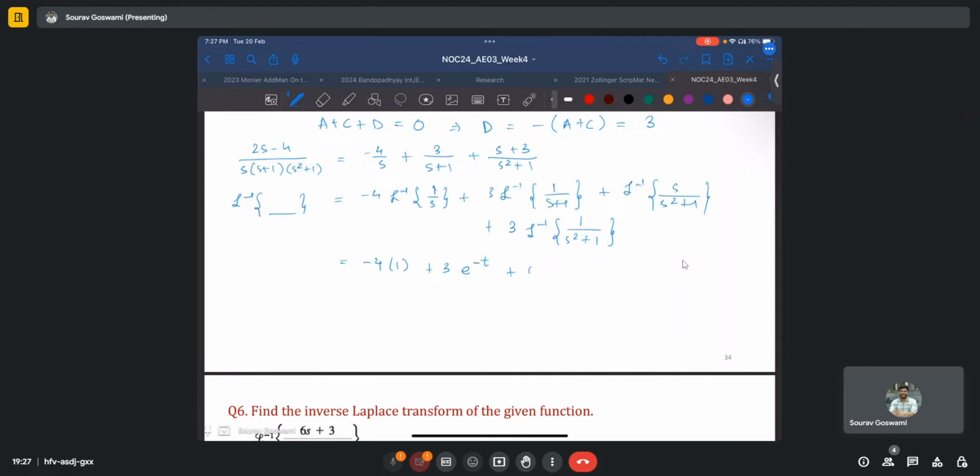So this is cos 1t. The Laplace transform of sin at is a by (s square plus a square). So this is thrice sine of 1t. And this is the required Laplace inverse that we set out to compute.